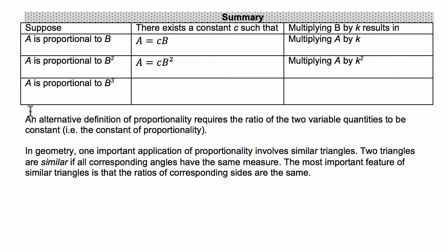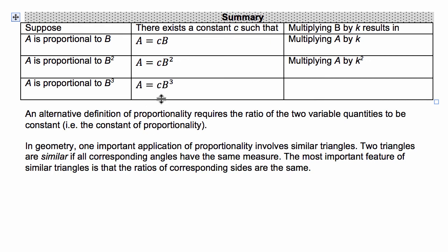Finally, if variable quantity A is proportional to variable quantity B cubed, then there exists a constant C such that A equals C times B cubed. In this case, multiplying B by K results in multiplying A by K cubed.